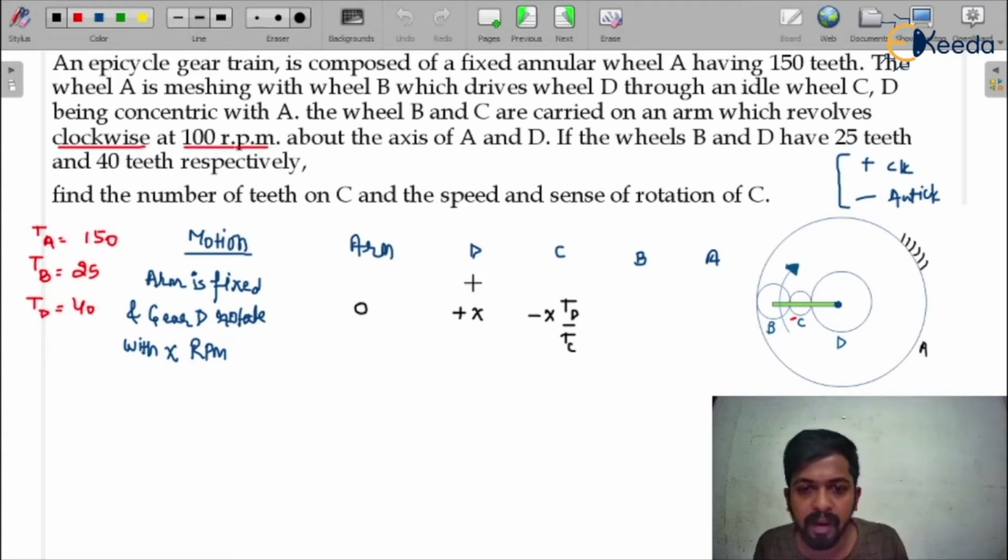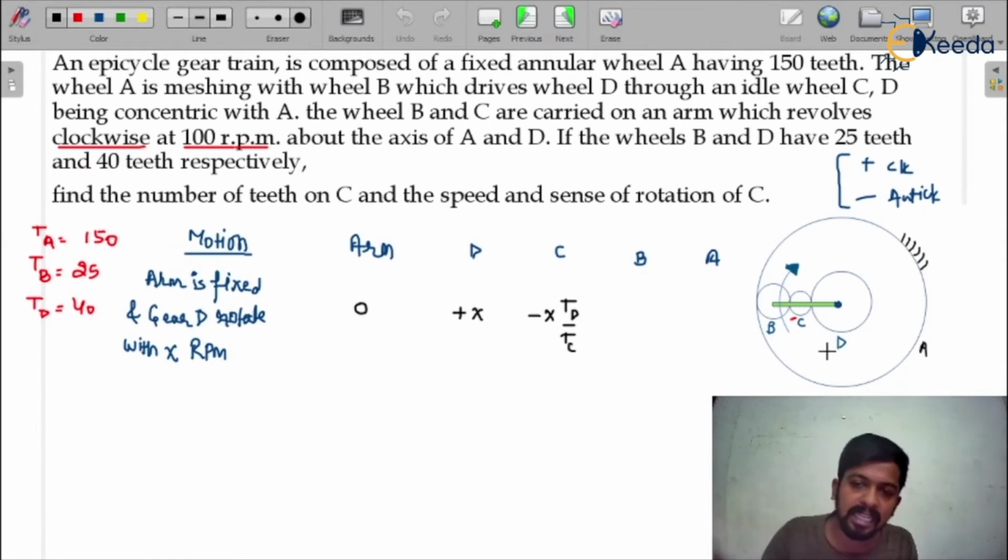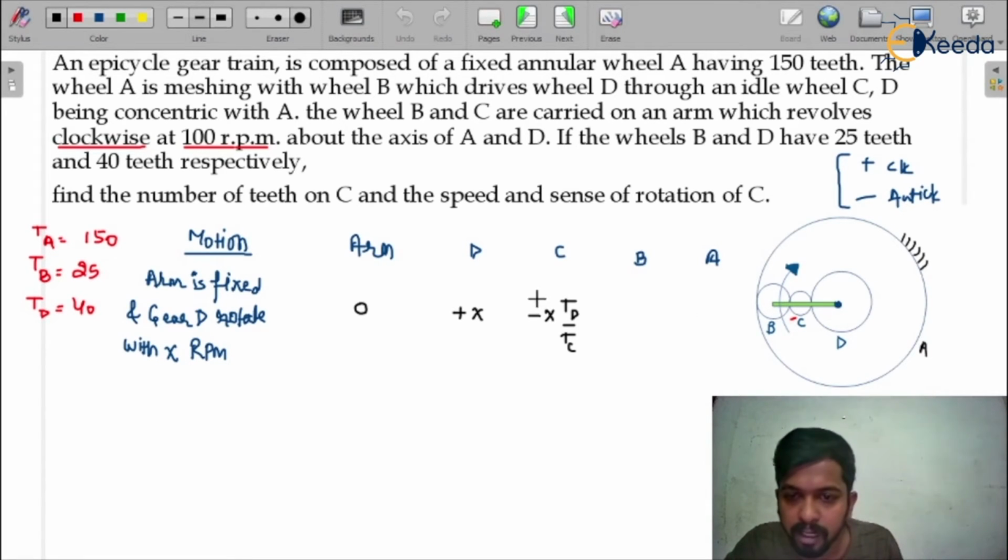We have taken as an assumption that gear D rotates in clockwise direction. So if gear D rotates in clockwise direction, gear C will be in anti-clockwise direction. If gear C is in anti-clockwise direction, and we know that B and C are mating gears, gear B will be in clockwise direction, that means the direction opposite to that of gear C. So if it is anti-clockwise, it would be clockwise direction.